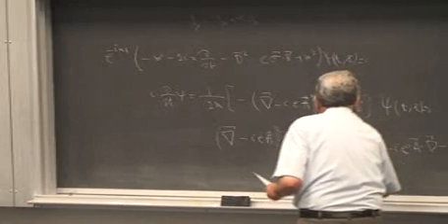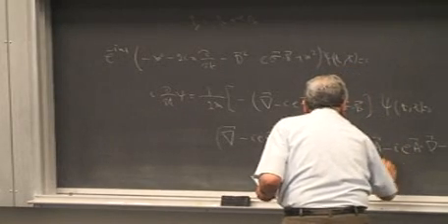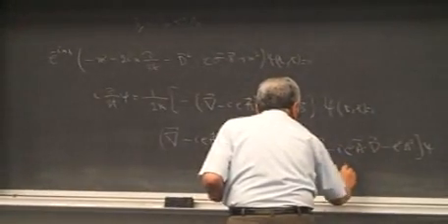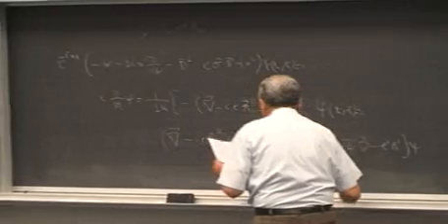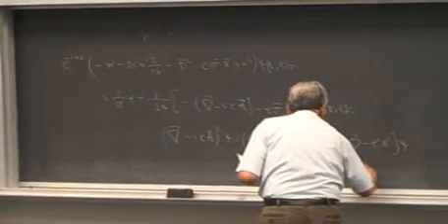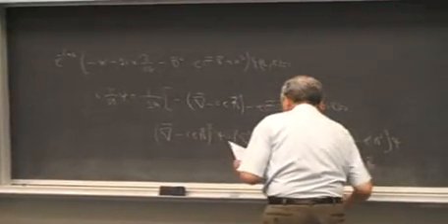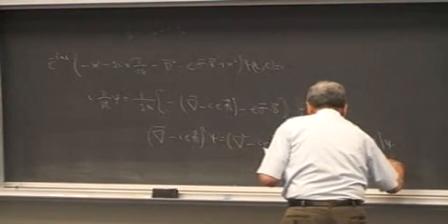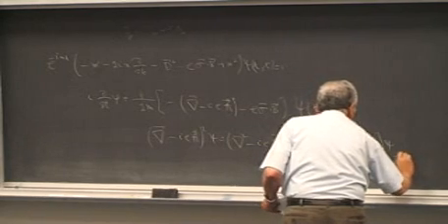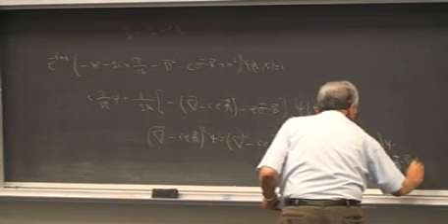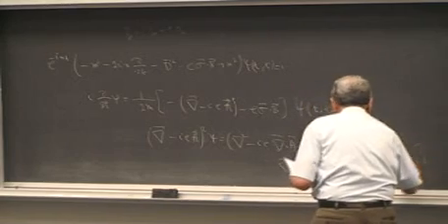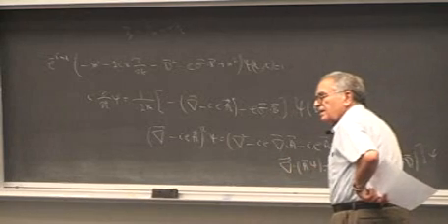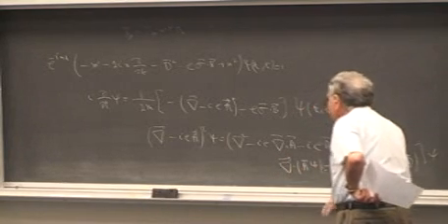Now you use the vector identity here, because it is acting on this one, and this you know is the gauge condition, which I have selected here, and it gives me this 0.